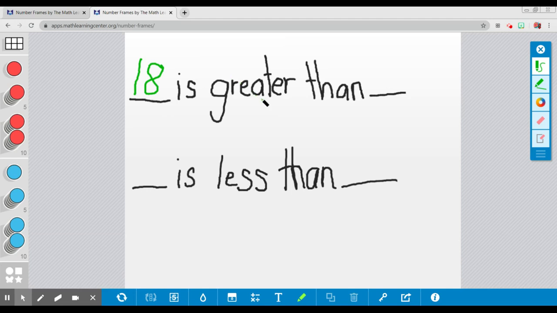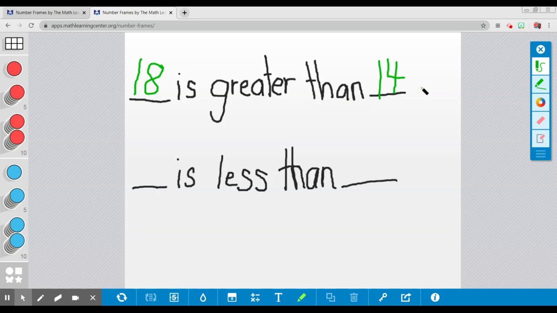Okay. 18 is greater than 14. So we're going to put the number 14 over here. Stop. Sometimes my cursor gets a little crazy. Okay, 14. Good. So now we can read that. Read that with me. Are you ready? 18 is greater than 14.